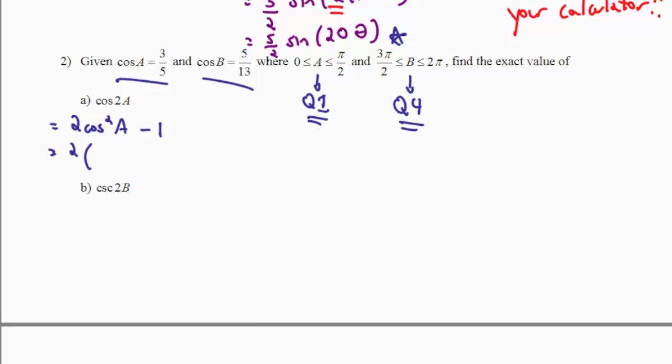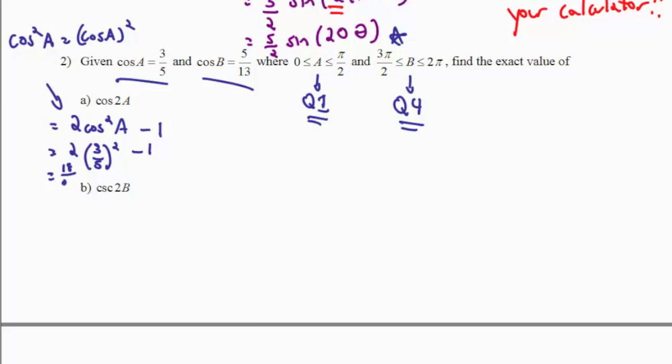And so what do we get? Well, we get 2 times, we know that cos a is 3/5. And this needs to be squared. Remember that cos squared a is exactly the same as cos of a, all that squared. It's just a different way of writing it out. And then we subtract 1 off that.